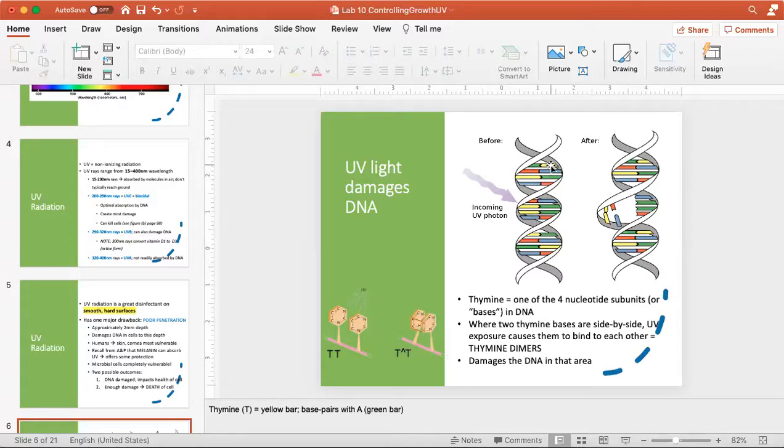The way ultraviolet light damages DNA is by damaging this thymine base.